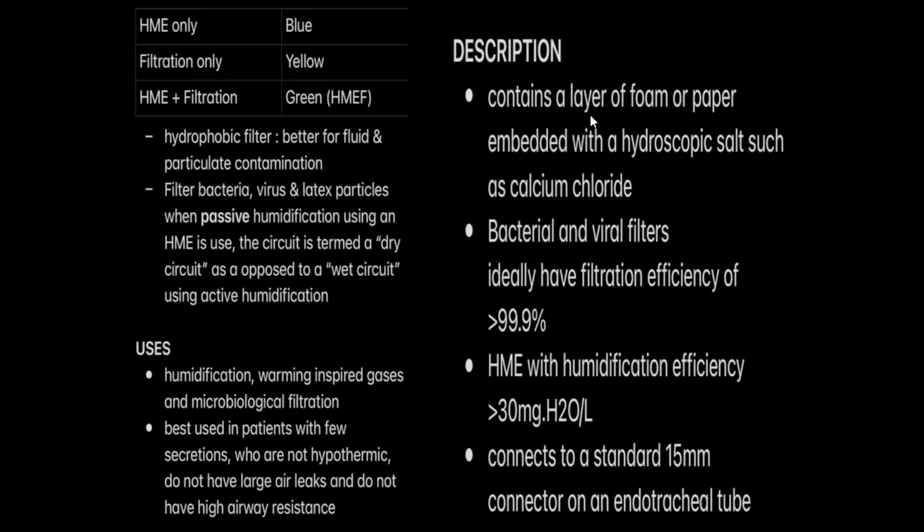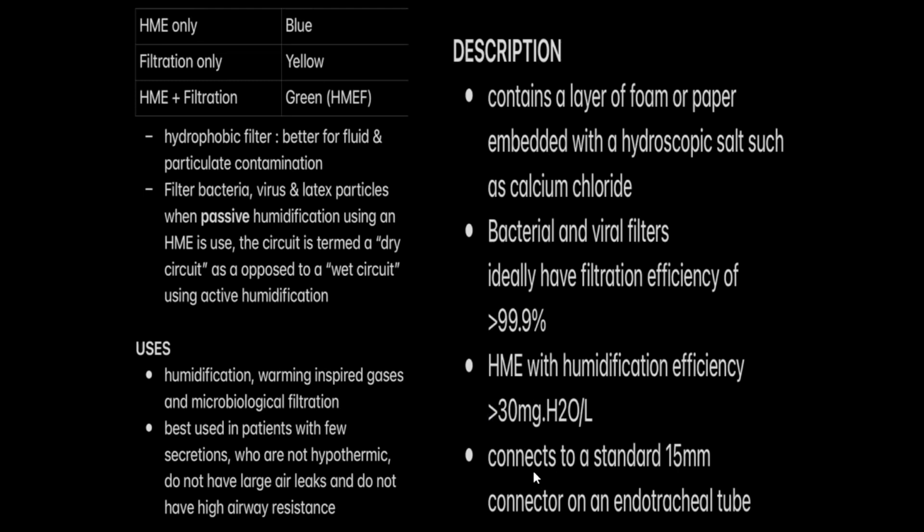Description: it contains a layer of foam or paper embedded in hygroscopic salt. Do you remember hygroscopic salt, such as calcium chloride? It's a hydrophobic filter, hygroscopic salt, bacterial and viral filter, filtering efficiency of 99.9%, very important. HME with humidification efficiency of 30 milligrams per liter of water.